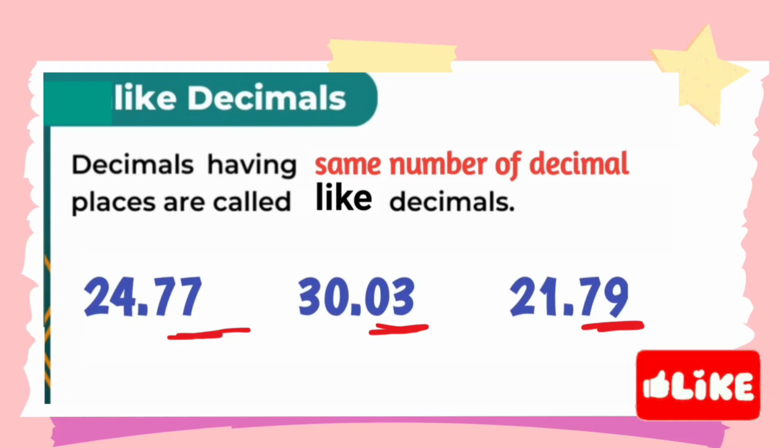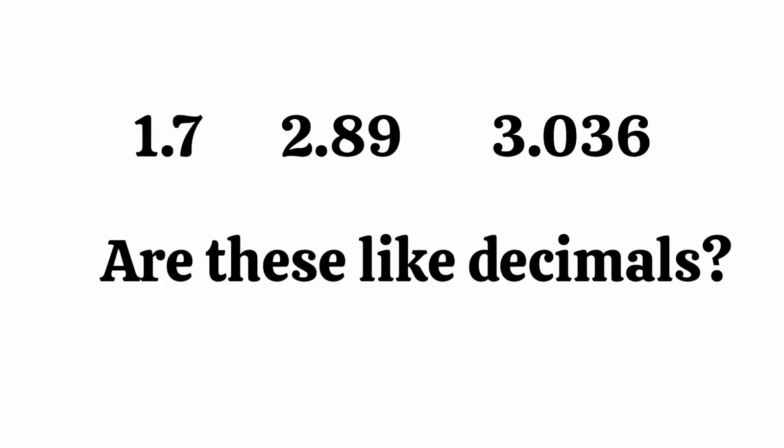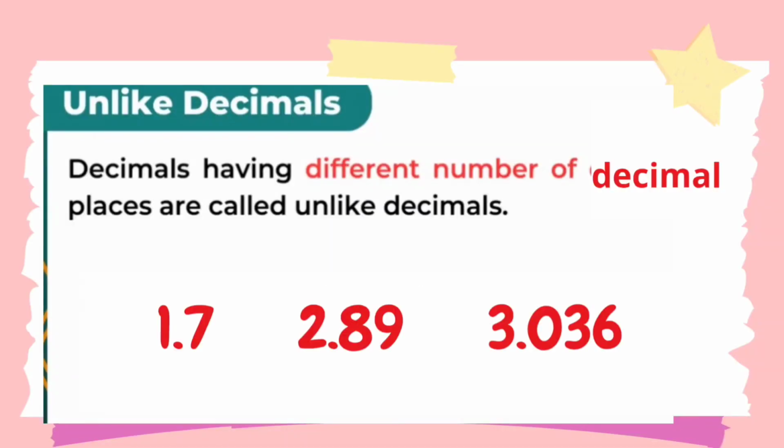Here are some other decimal numbers: 1.7, 2.89, 3.036. Are these like decimals? No, these are not like decimals. These decimal numbers are called unlike decimals. So what do you mean by unlike decimals? Decimals having different decimal places are called unlike decimals.